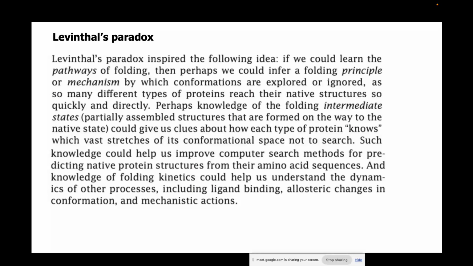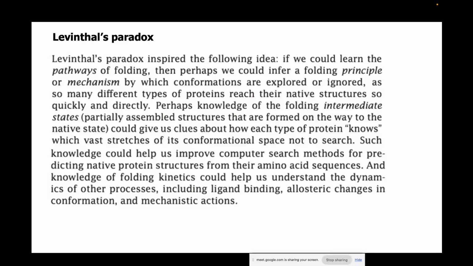So if you learn the pathways and the mechanisms by which the protein folds, you can address the paradox of why it is folding in a certain way and not in another.